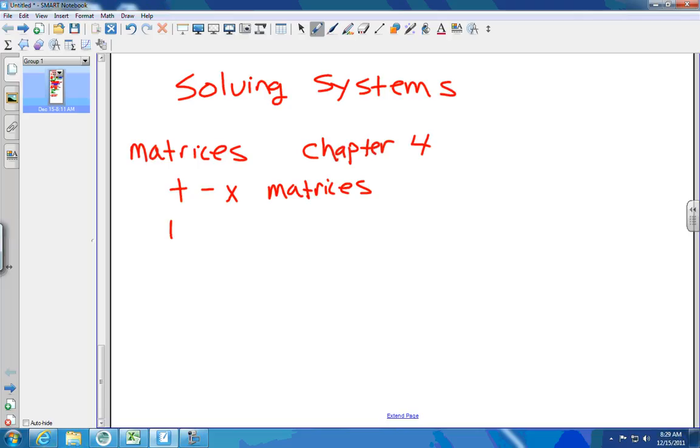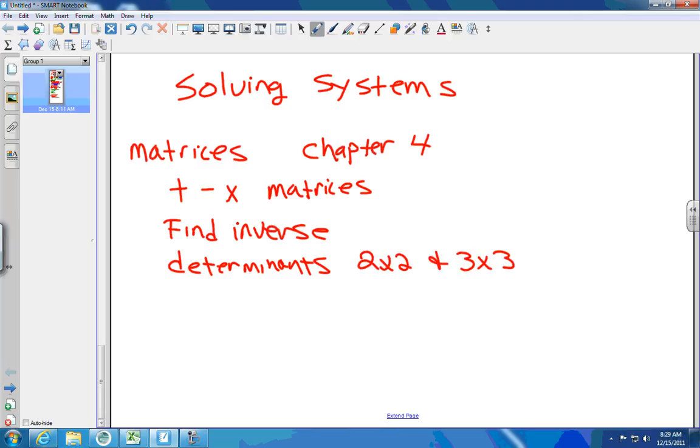Find the inverse of a matrix. Determinants. And you have to do that for a 2x2 and a 3x3. There's one of both of those on there. So make sure you know how to do that using diagonals for the 3x3.